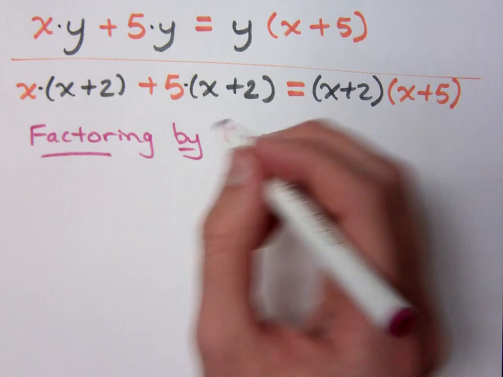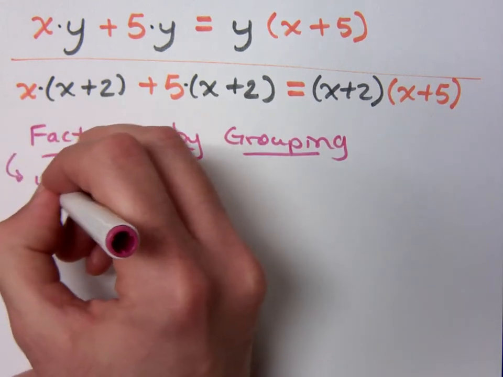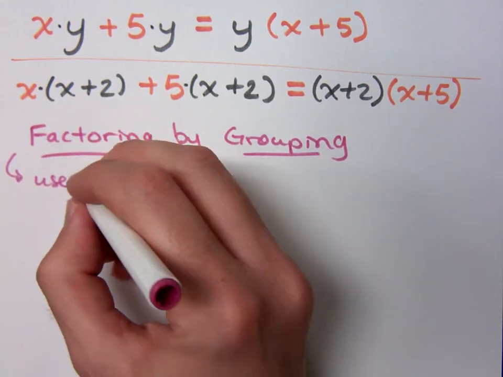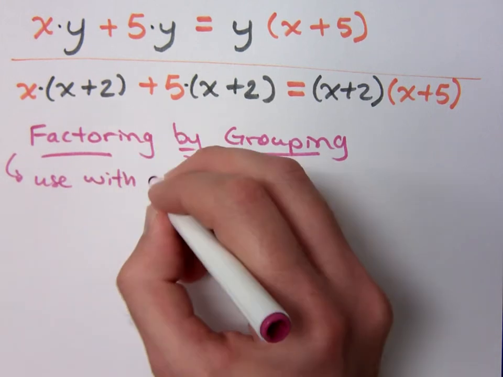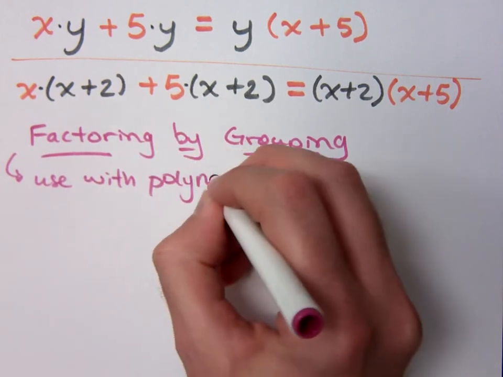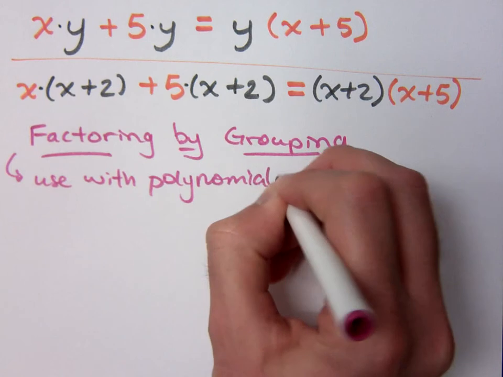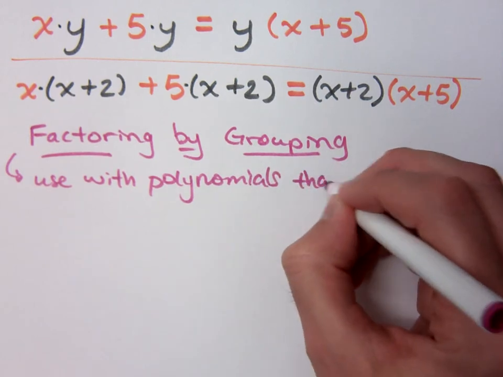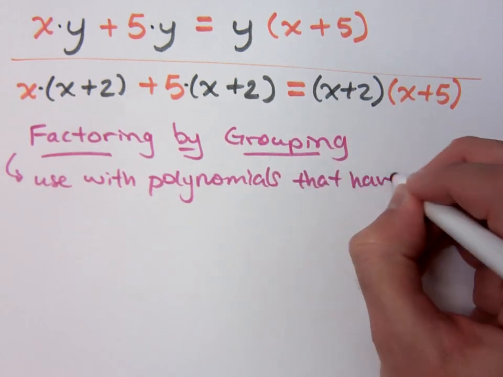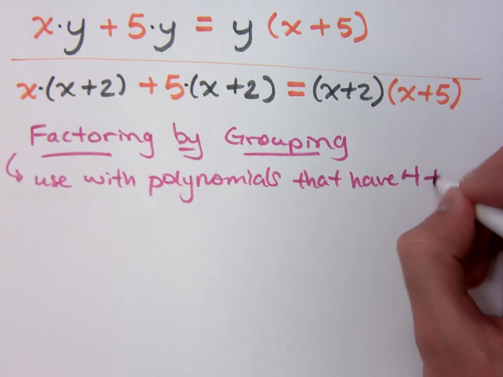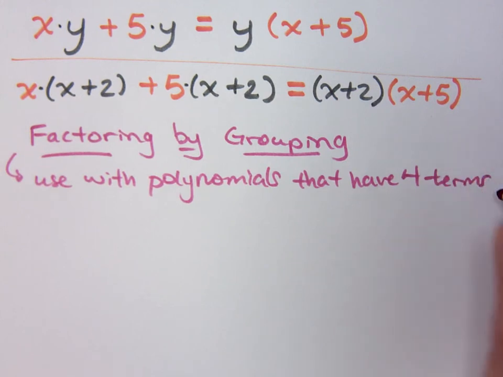And in factoring by grouping, we need to be careful here. Use this with polynomials that have 4 terms.